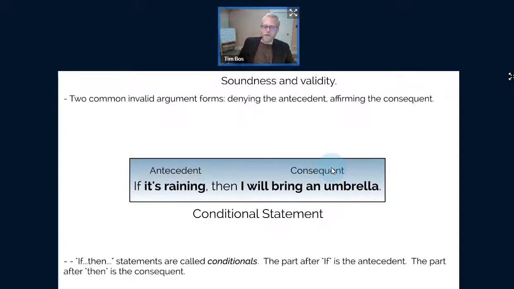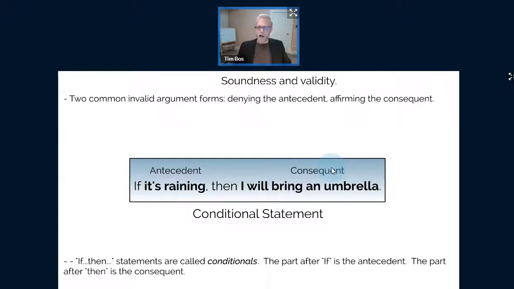So getting back to actual English language rather than P's and Q's, right? This would be an example of a conditional statement: if it's raining, then I will bring an umbrella. So if I were to ask you, say in a quiz, here's this conditional statement. If it's raining, then I will bring an umbrella. Which one is the consequent? Then I would want you to know the consequent is I will bring an umbrella.